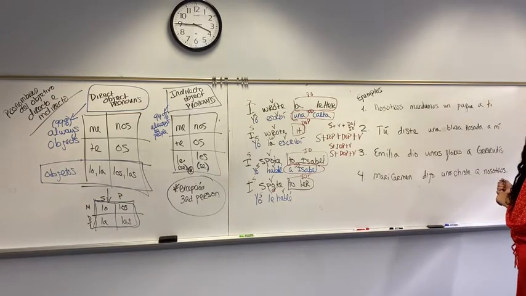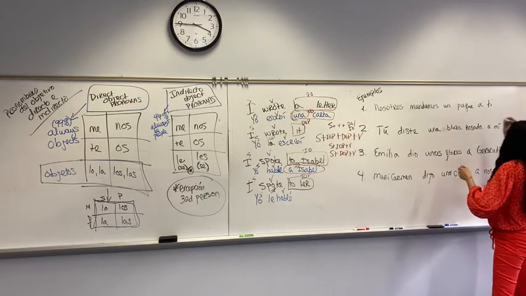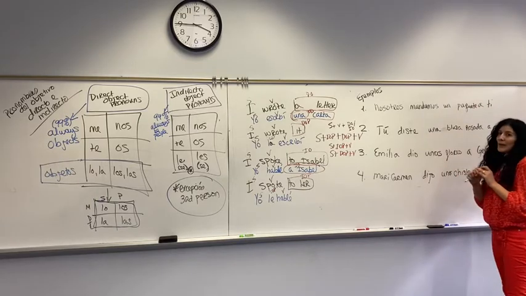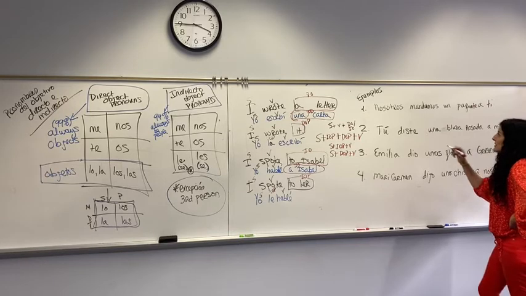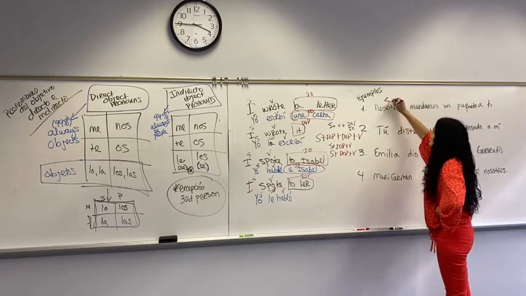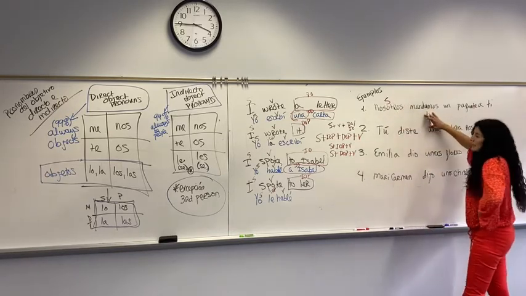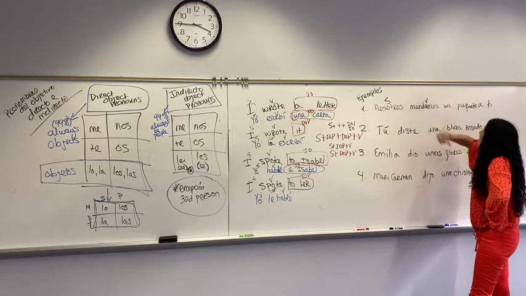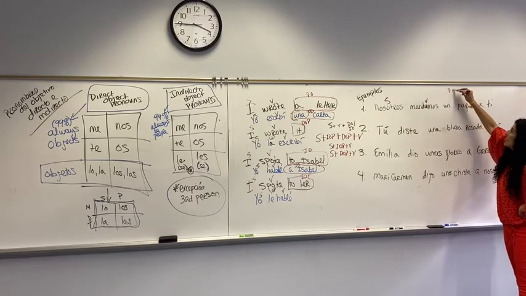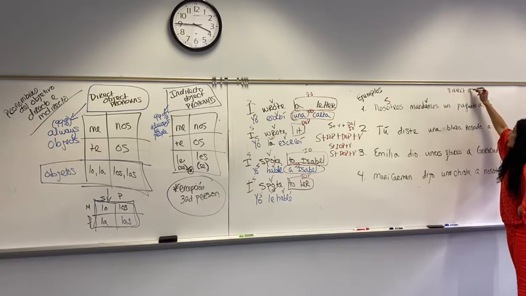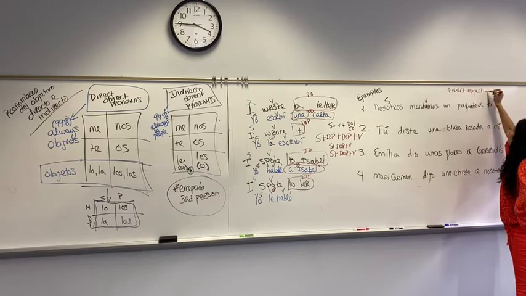Nosotros mandamos un paquete a ti. Okay? Here we're going to find the subject. Nosotros. Mandamos is the verb. And what did we send? We sent a package. The direct object is always going to answer the question, what?